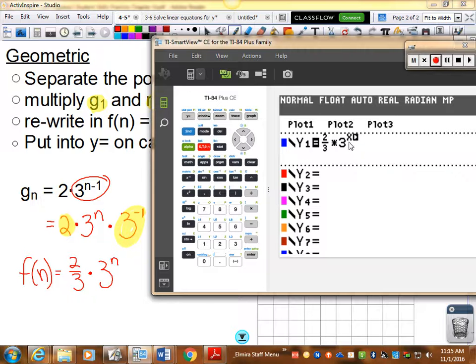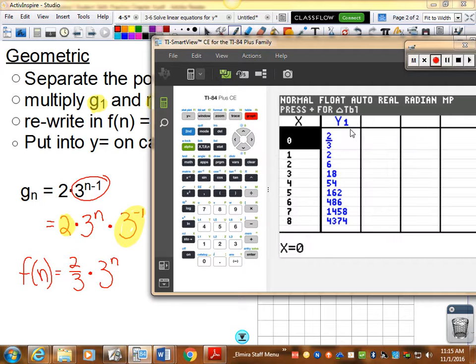Okay, that's how you put that into the y equals. And again, we're going to go to the table. Let me pull this out.